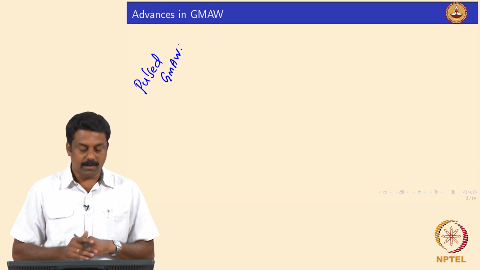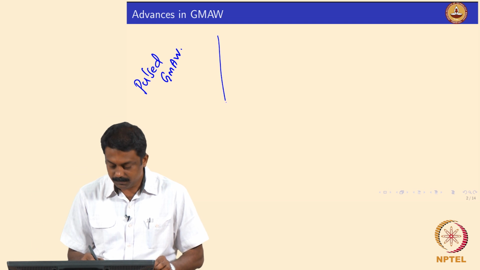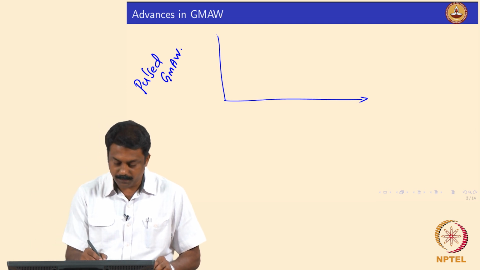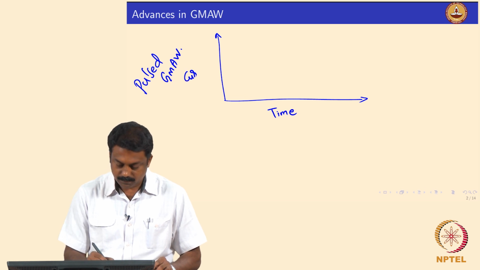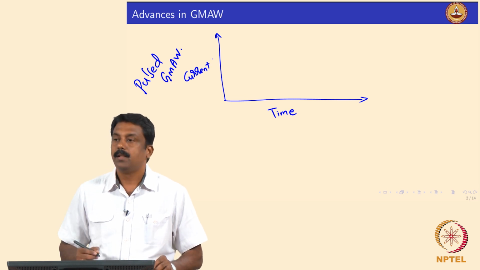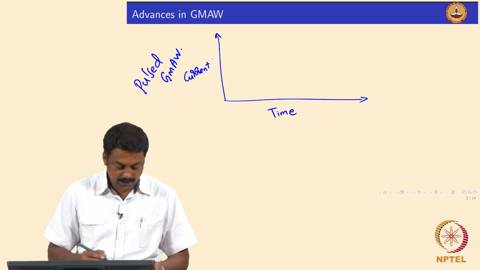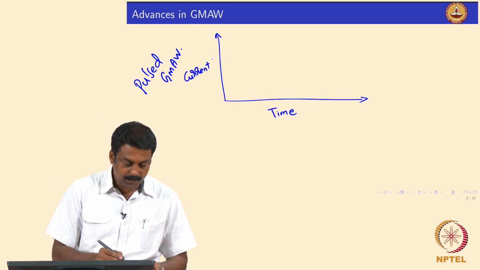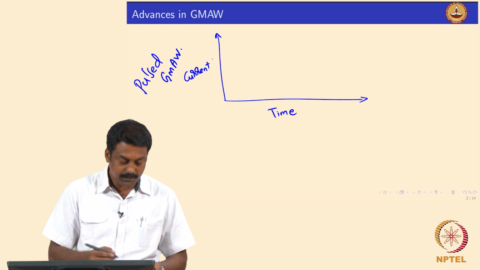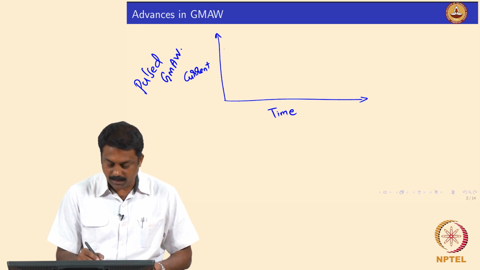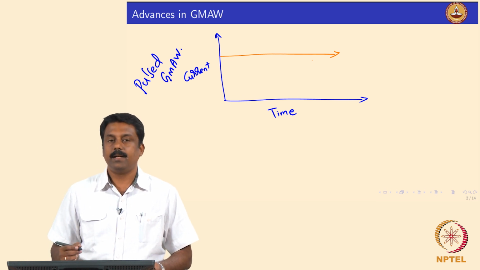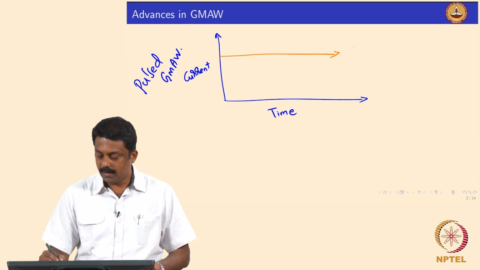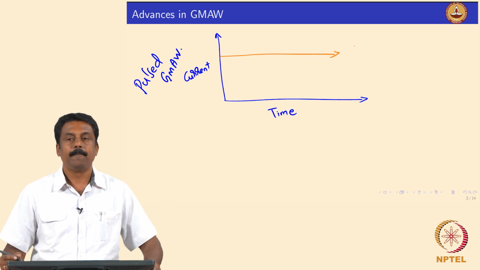So, in pulsed current, suppose you look at time versus current. In a conventional GMAW, you may have some mean current, a constant current, it can be constant DC.